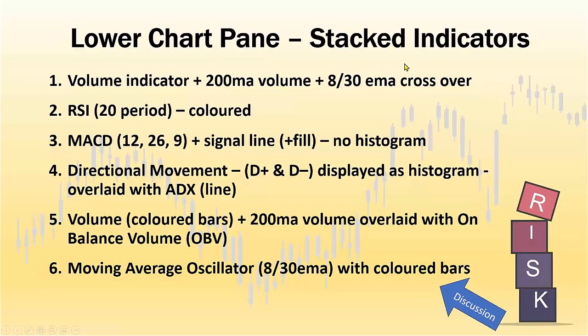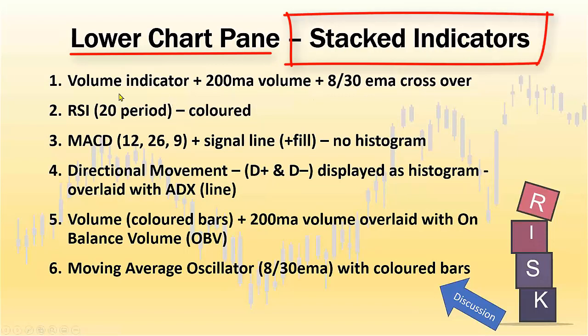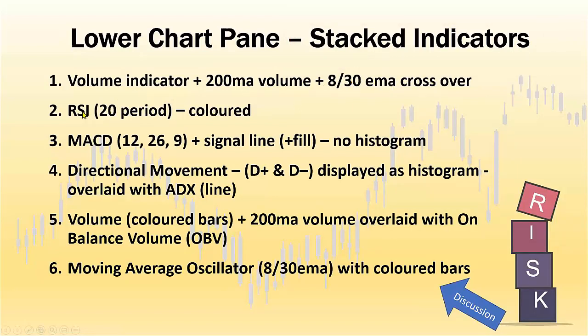So in my lower chart pane, I've got some stacked indicators. The ones that I use are the volume indicator with 200 moving average, which I showed you before, the 8/30 EMA crossover, and the RSI 20 period. Sometimes I'm tending to go back to the 14. I think it reacts a bit quicker.